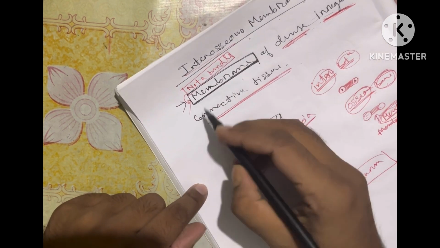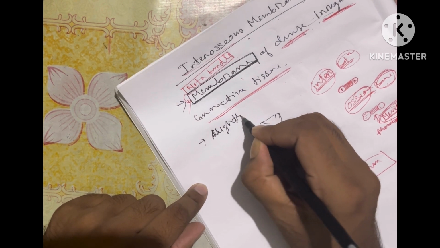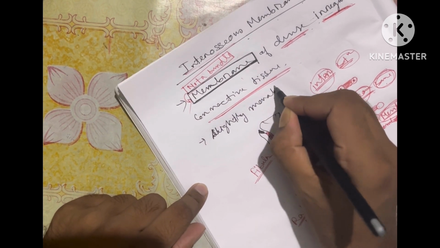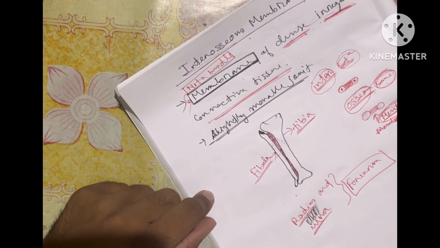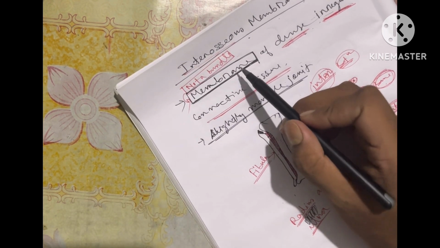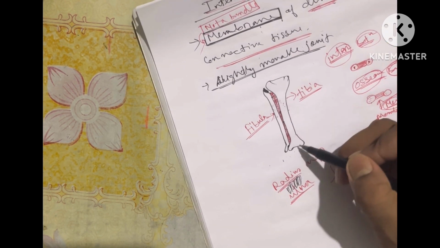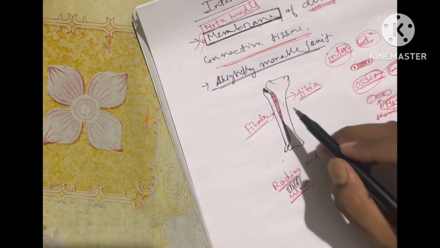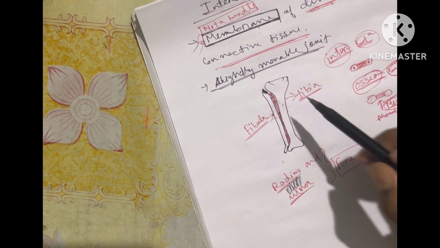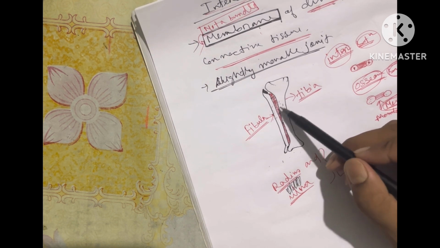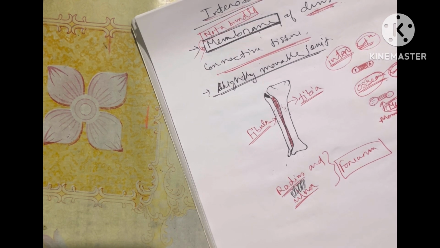One major example is our interosseous membrane, which is present in between the tibia and fibula. So these are the three different types of fibrous joints.